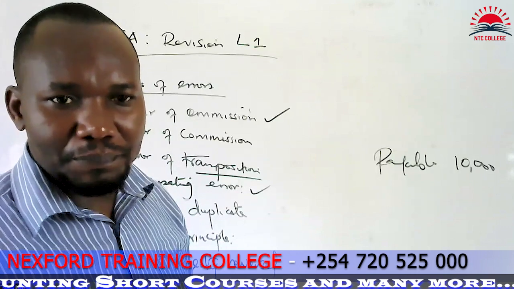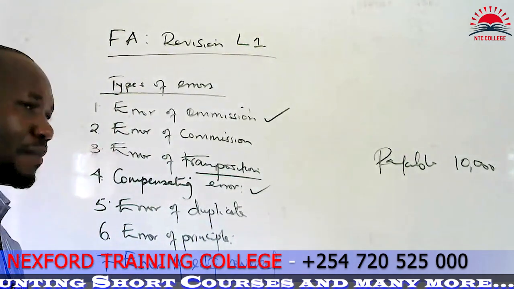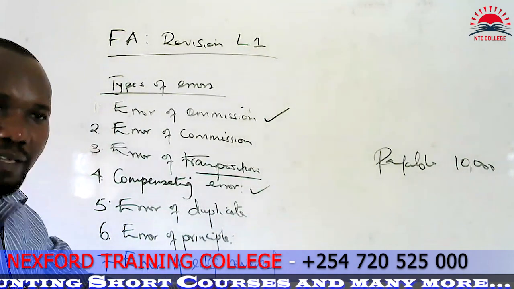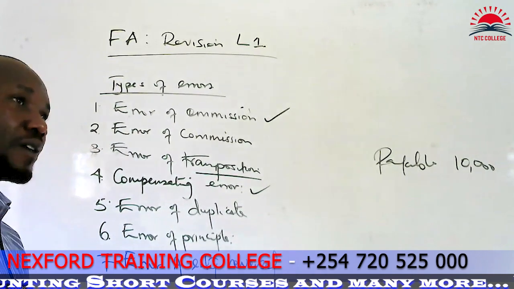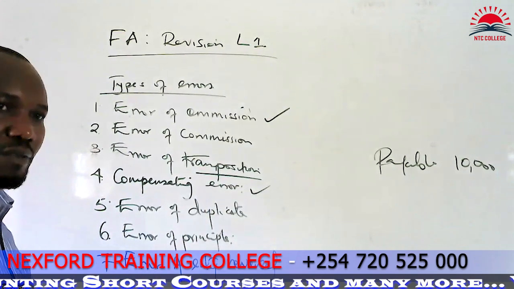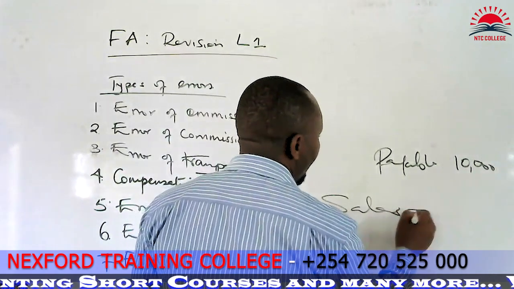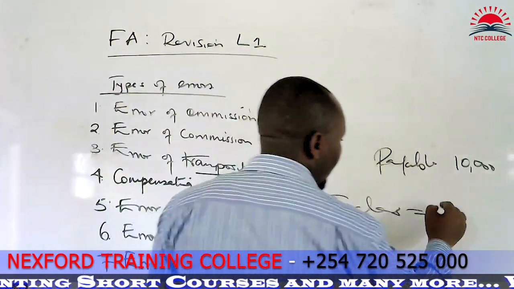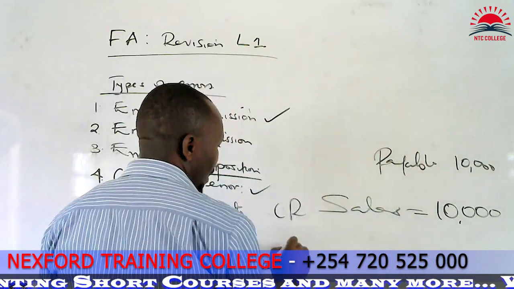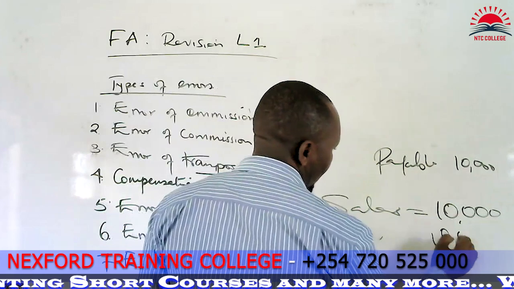So out of this, we talked about complete reversal error. This one, if you post it completely, meaning that it is wrong, you recognize it as sales, but then also you have also posted in the contra account. It's an error. Let's say that you made a sale of, let's say 10,000, right? What you're supposed to do is to credit sales account and debit bank here, 10,000.